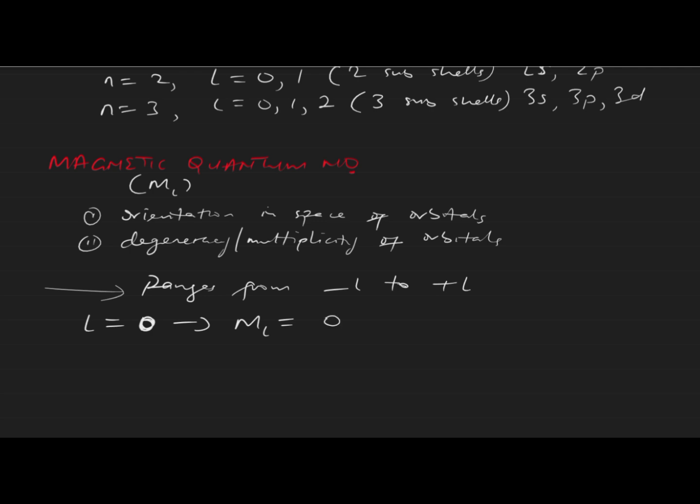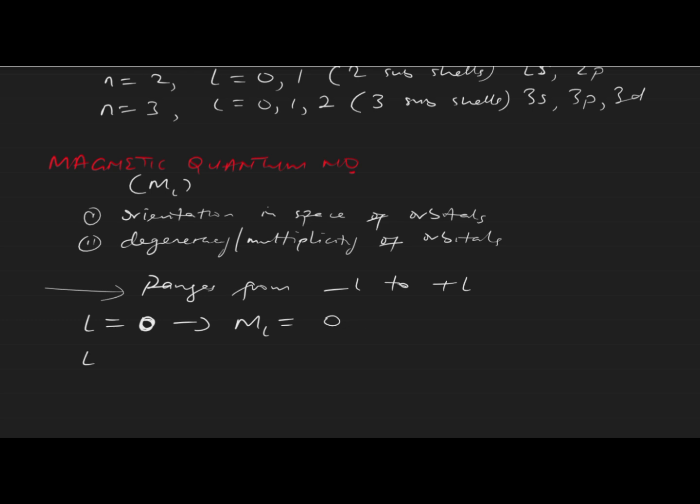Because it ranges from minus l to plus l. So that will be minus 0, 0, plus 0. That is still 0, right? So for the s, l equal to 0, it has just one orbital within that subshell, right?